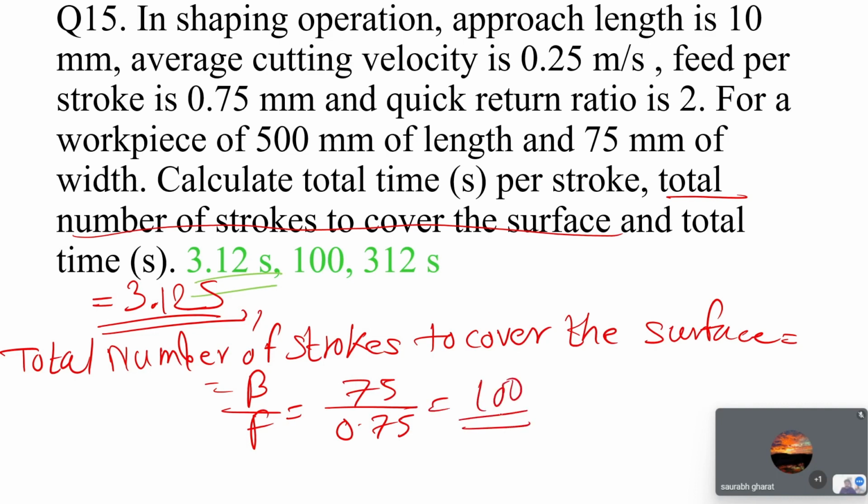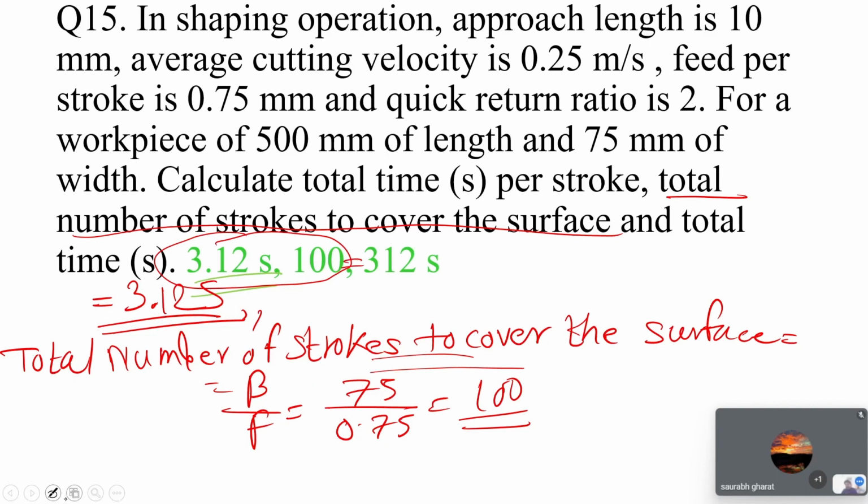Okay, and that 100 you need to multiply. You can see the formula of total time per stroke, we have into B by F, which is the number of strokes to cover. So multiply by 100, these need to multiply with this, and the answer will be this. Okay, it is fairly simple.